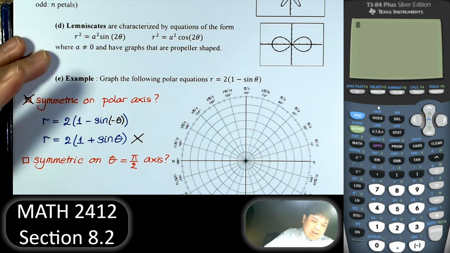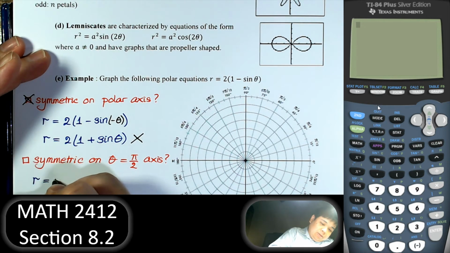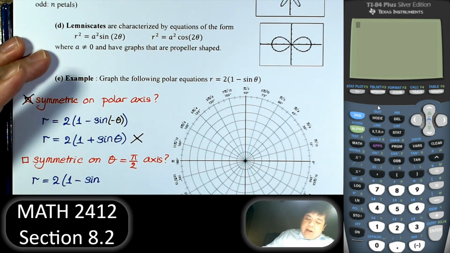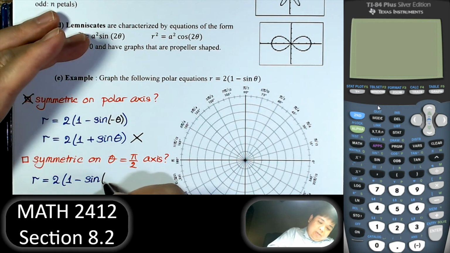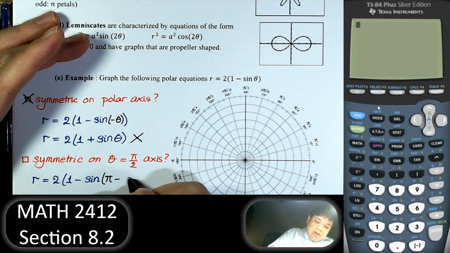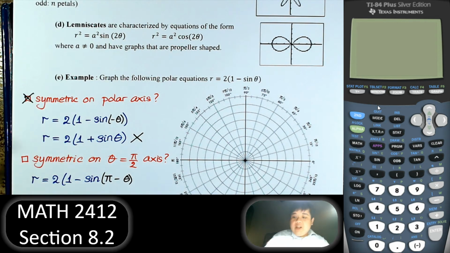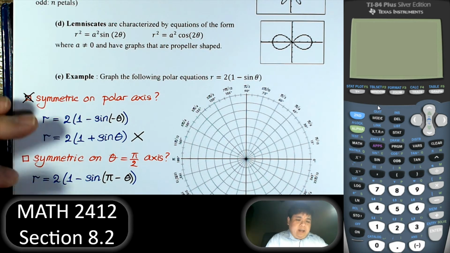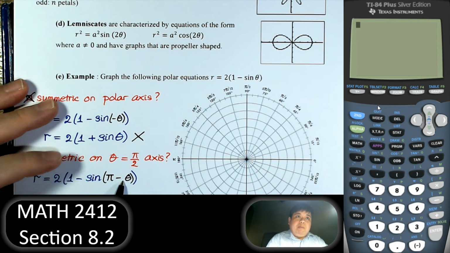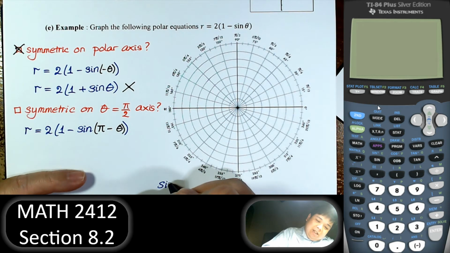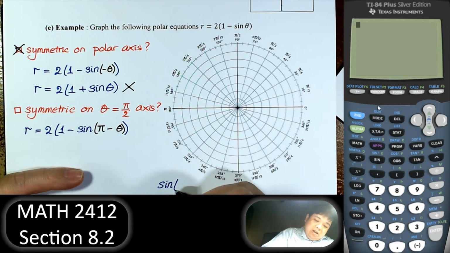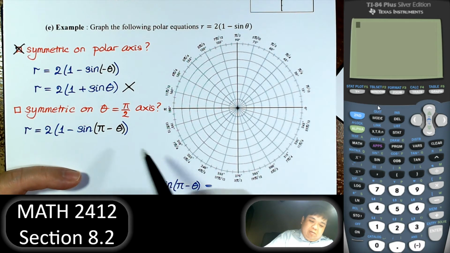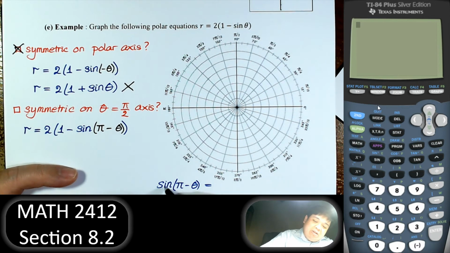To do that, I will replace theta with the supplement, pi minus theta. And then what is sine of pi minus theta? That will be equal to sine of theta because sine is supplement. Because if we don't want to memorize it, we can always derive it manually.